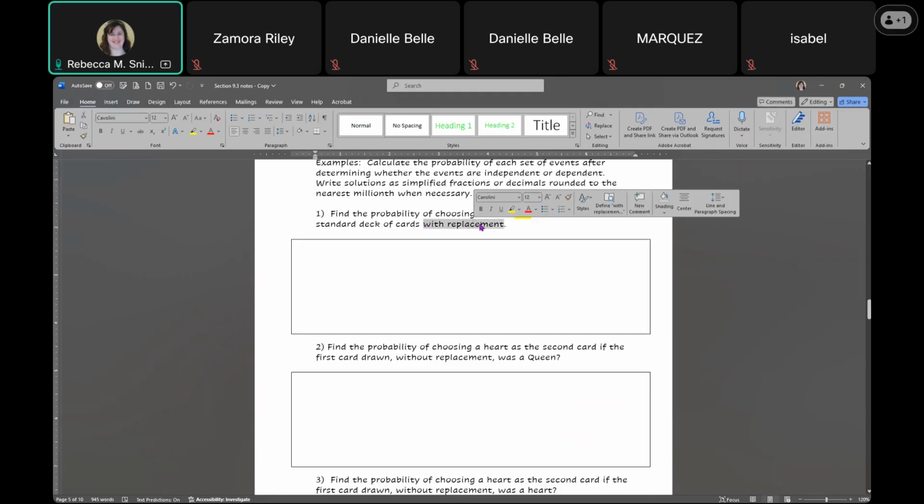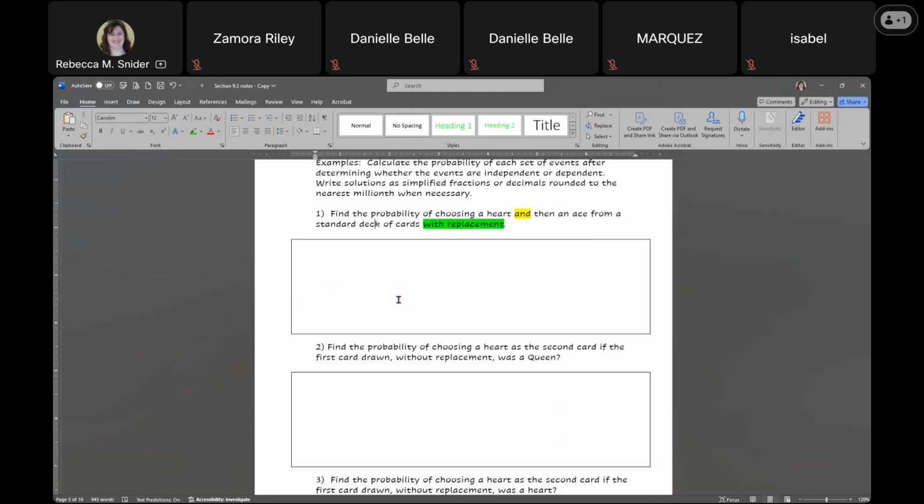And the second is this piece here, which is the words with replacement. Now this with replacement part means that these are independent events. And so that's the first thing that you need to take away, is that these are independent events, which means my first event has no bearing on the outcome of the second event.